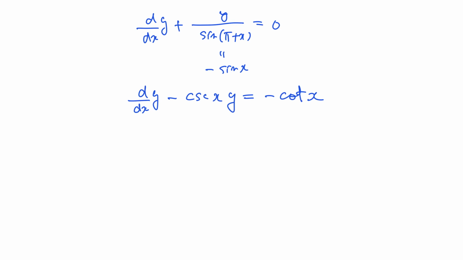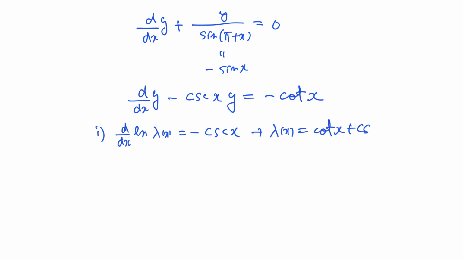We already did. d/dx ln lambda x equal minus csc x, which is lambda x is cotangent x plus cosecant x, right?